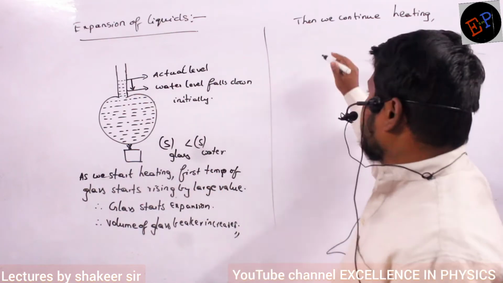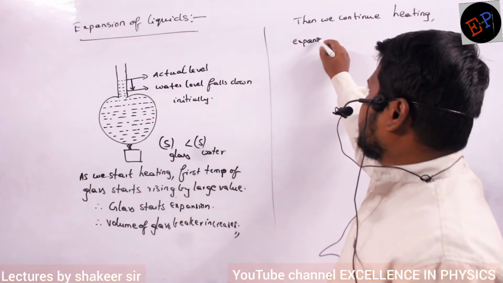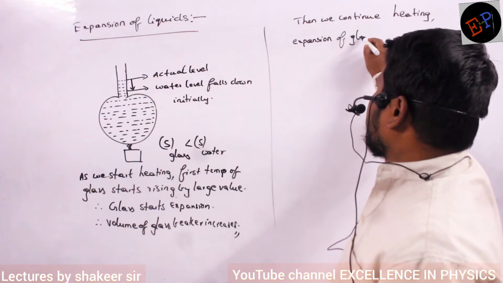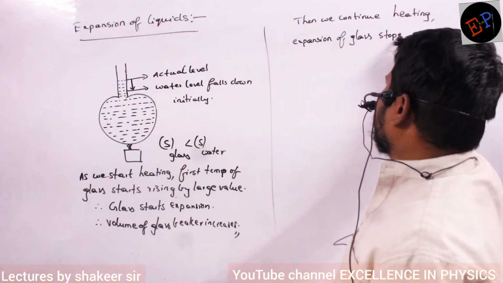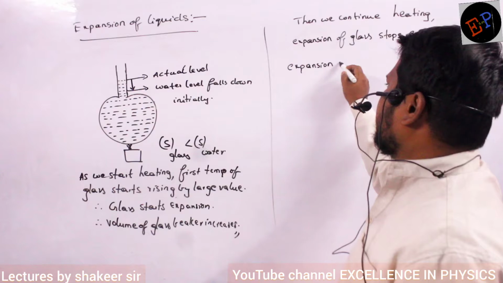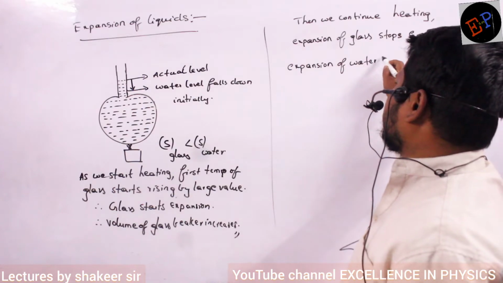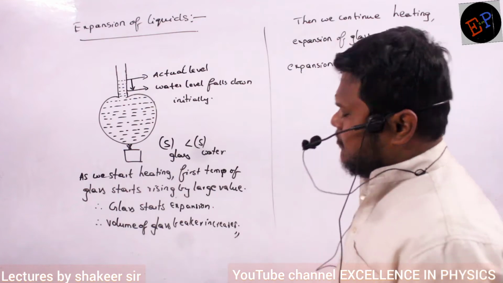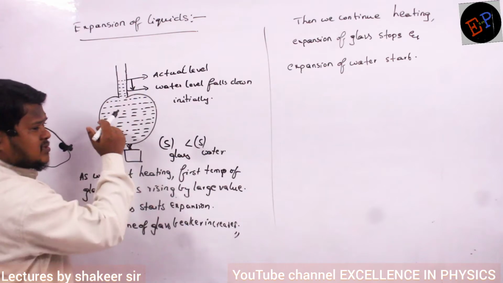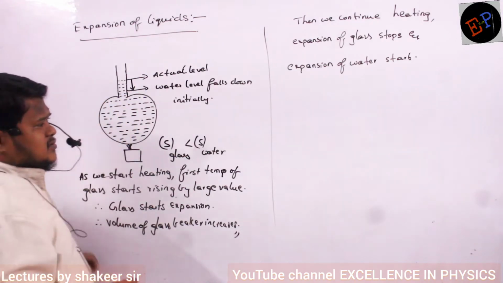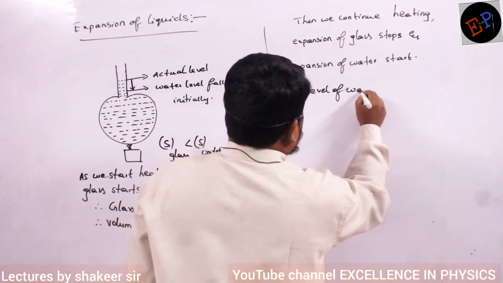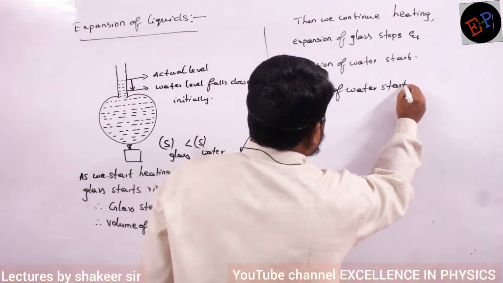And once the expansion of water starts, again the level of water starts rising. Are you able to understand? So therefore, what we write: the level of water starts rising.